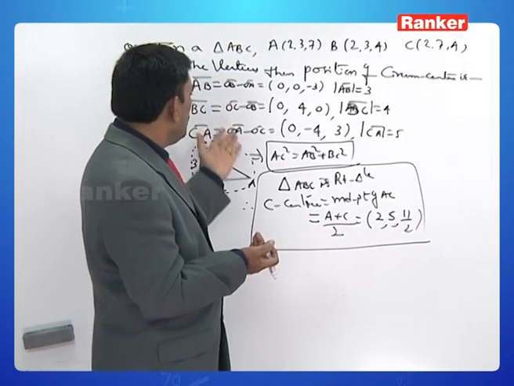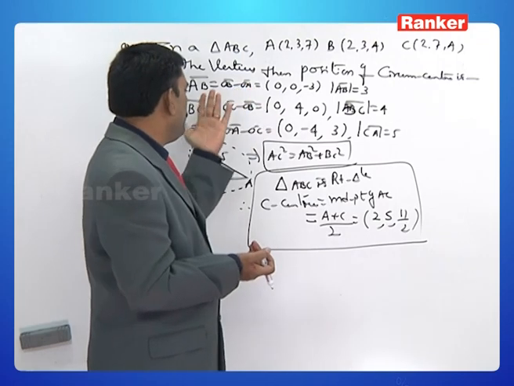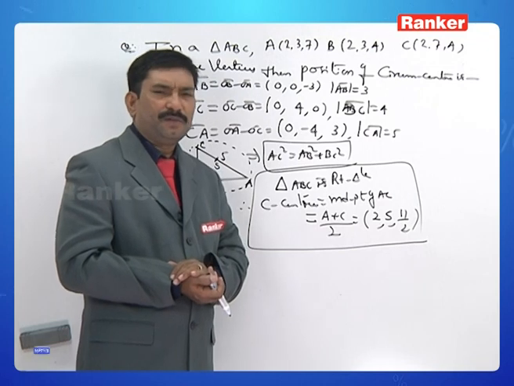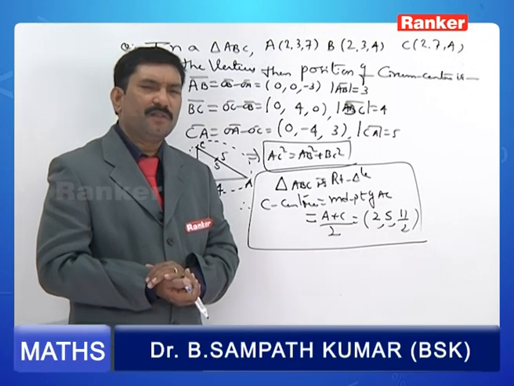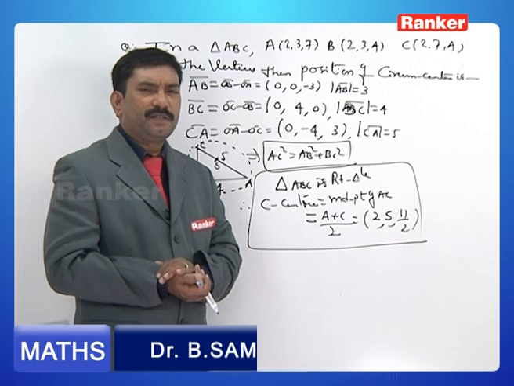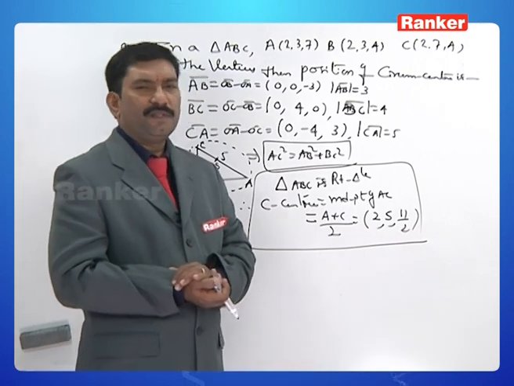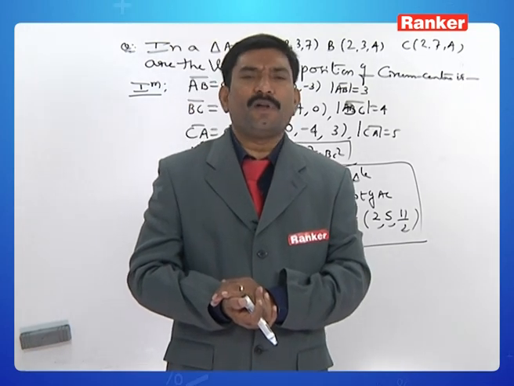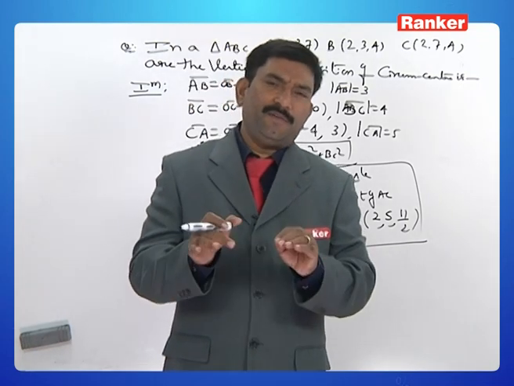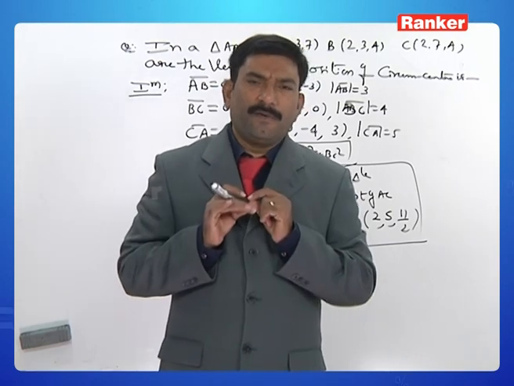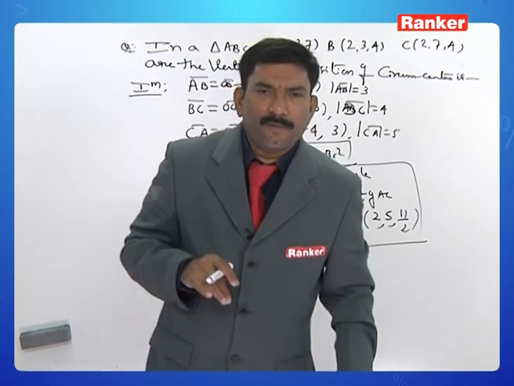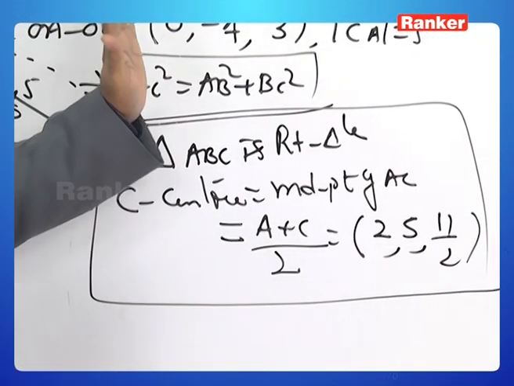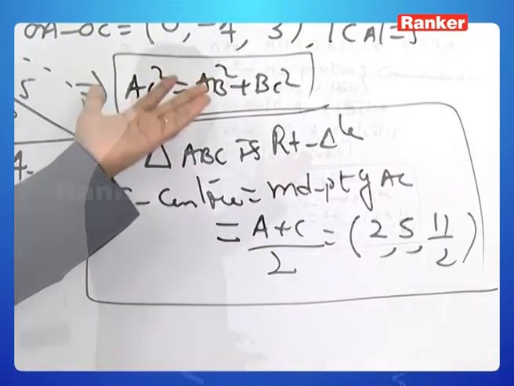But this method is monotonous. You have to find modulus of AB, modulus of BC, modulus of CA, and then verify the Pythagoras theorem. Students, before starting such problems, just think for a moment whether the problem has been given in a particular format. I will spell out that format now. Those who like the first method can follow it.